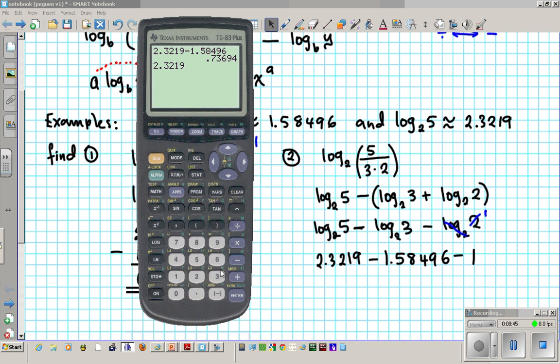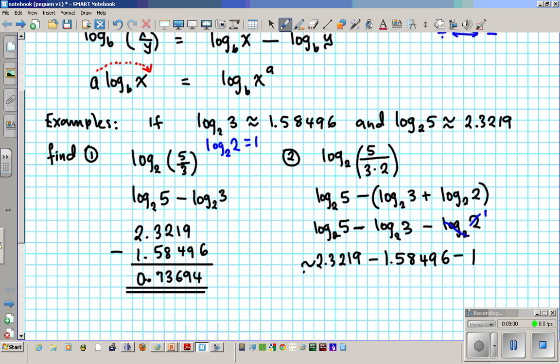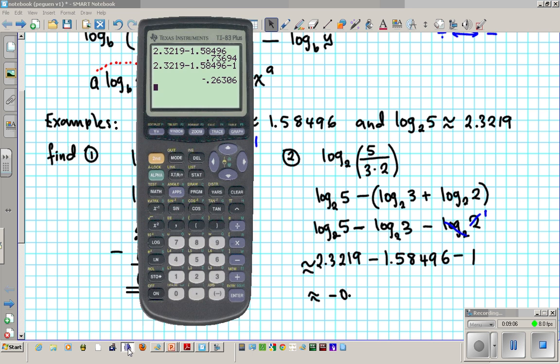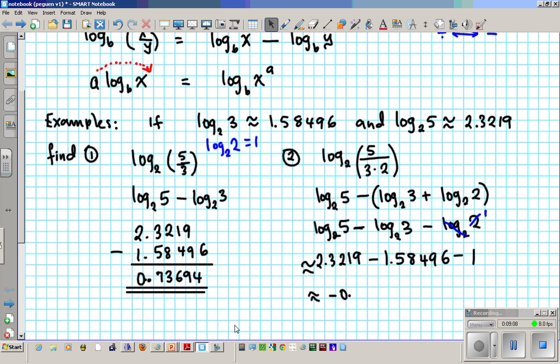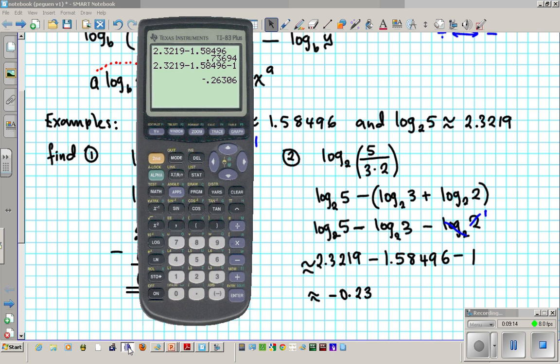2.3219 minus 1.58496 minus 1. The answer is negative 0.26306. So our answer is going to be approximately negative 0.26306.